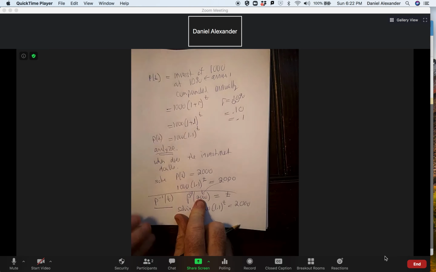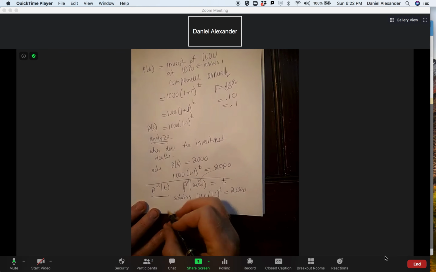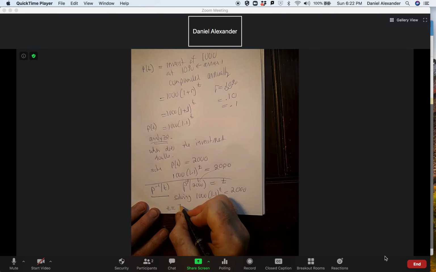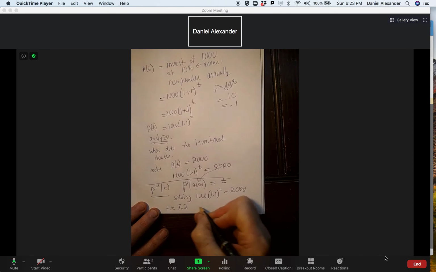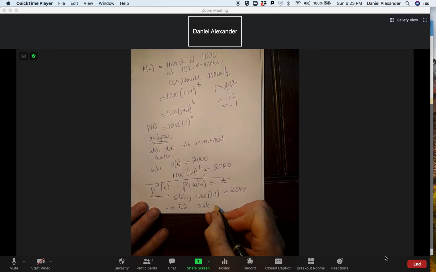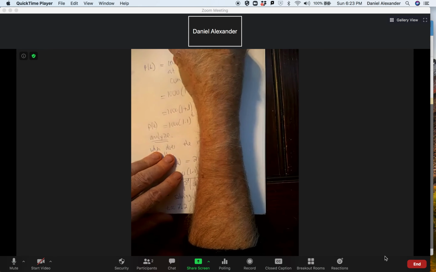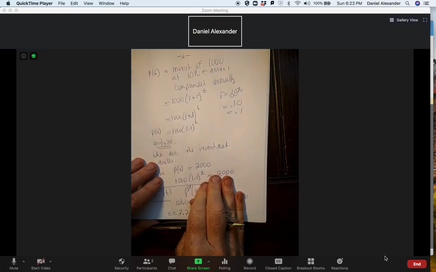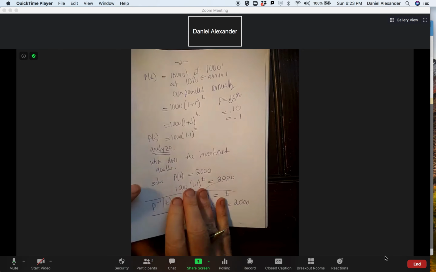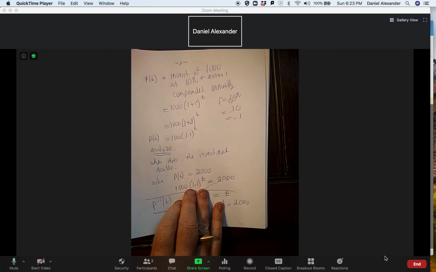Now, it turns out we don't know what the inverse is yet, but it turns out that t is about 7.2, and you can check that if you want. If you want to do that, just pause the video and check it. So we're going to come back to this, but I want to look more carefully at the inverse first.